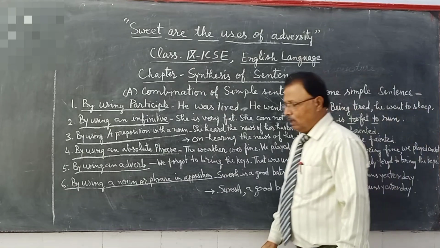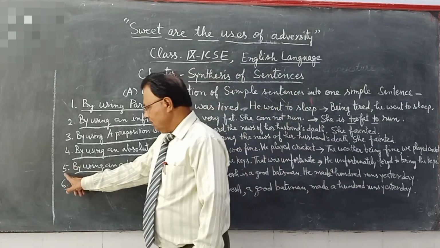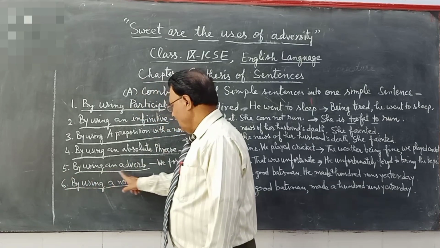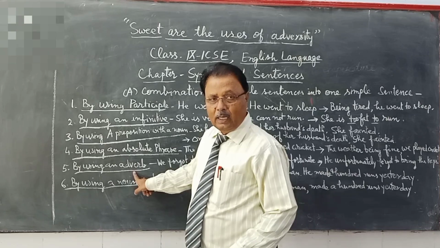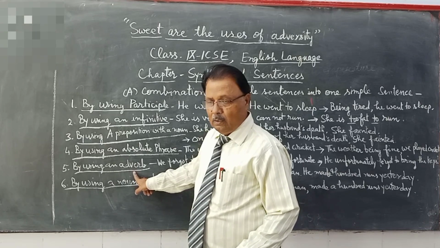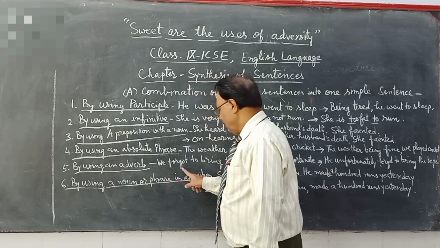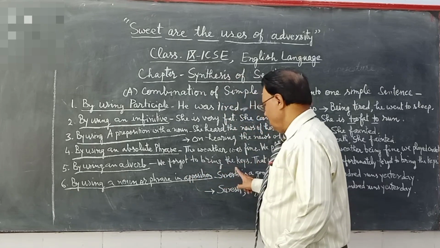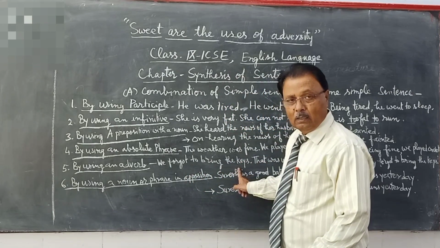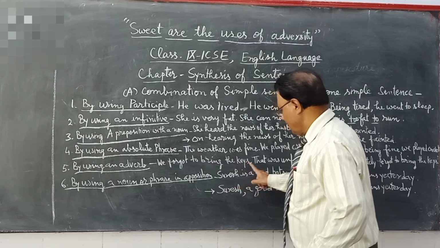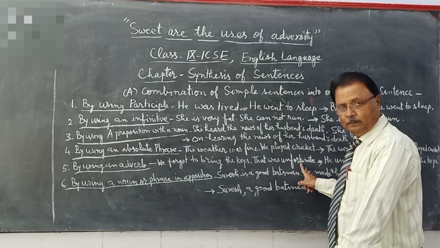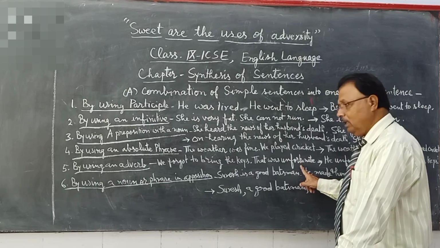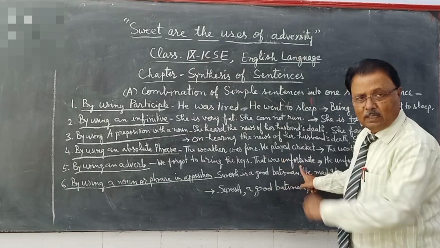Now, come to the next point: by using an adverb or adverb clause. For example, we forgot to bring the keys. And the second sentence is that was unfortunate. Now we will combine these two sentences together.